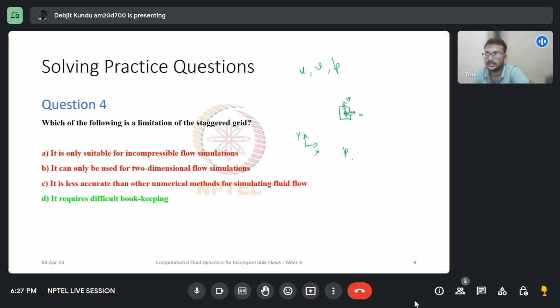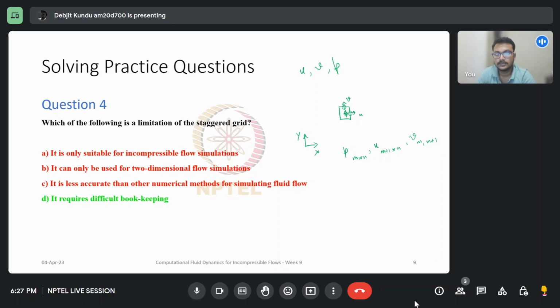So the P array would be m cross n, the U array would be m plus 1 cross n, and the V array would be m cross n plus 1. So in this case also, while writing the loops and while storing the values, you have to be very careful, and it is a bit complicated and tricky.